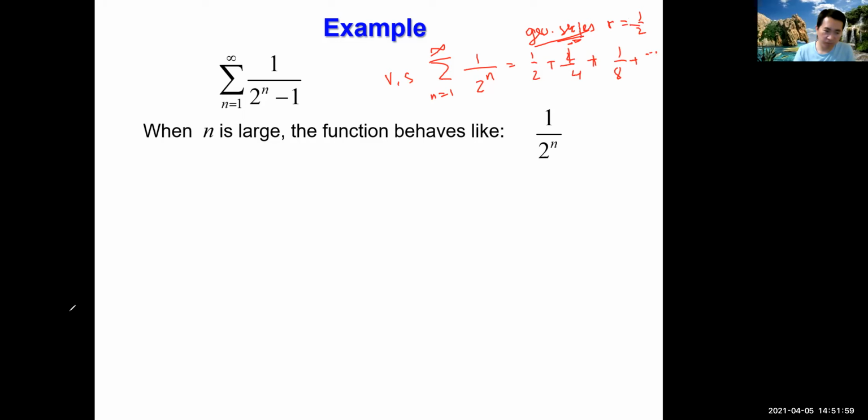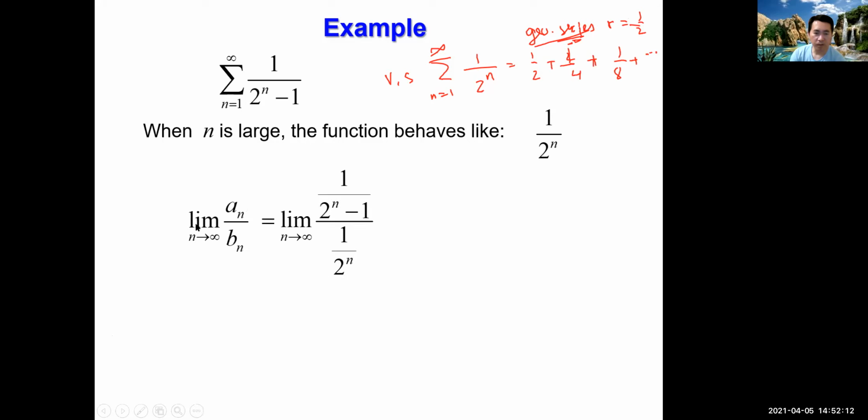Okay, but before we get there, make sure you do a comparison first. So you can compare them to see if they are about the same size in the sum. Right, so take the limit of a sub n over b sub n. It's a sub n, that's b sub n, that one over that one. Multiply by the reciprocal, take the limit, the top and bottom are actually the same, so it's going to be 1 again.